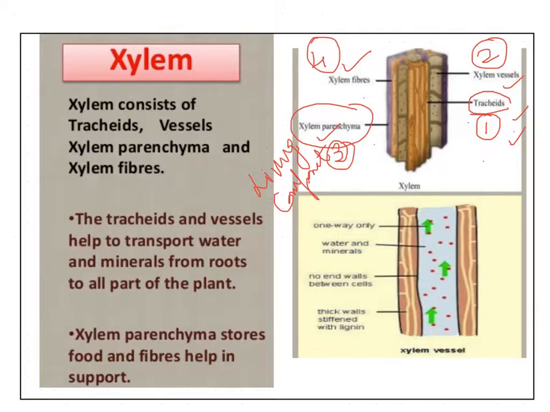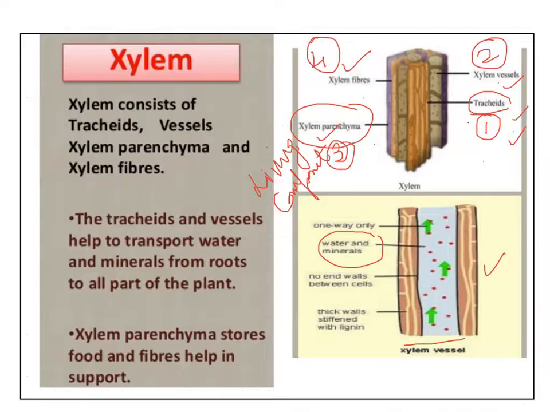Now tracheids and vessels, dear students, the first two components, form a conducting system. Just look at the second diagram. These two components form a pipe system, a conducting system, and water and minerals will be transported. Can you name two components which form a conducting system? Tracheids and vessels.